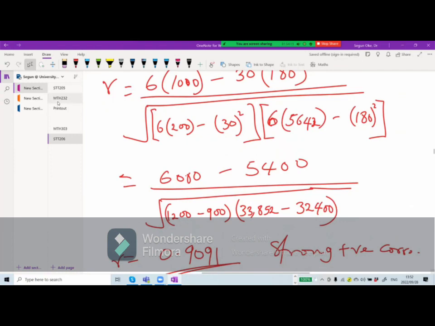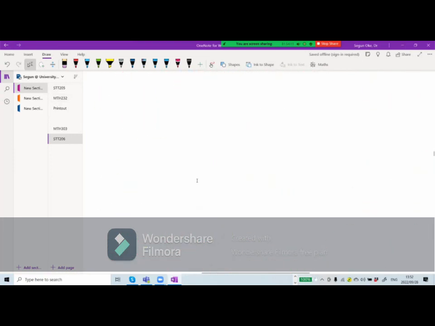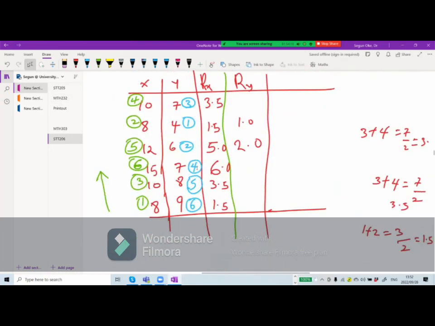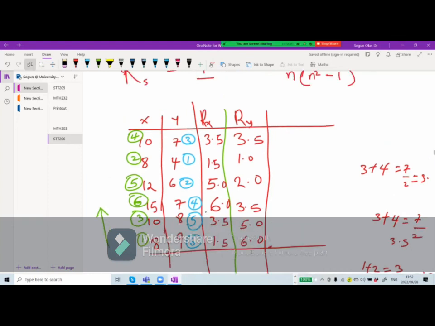So 3.5 again to 7. The next one is 5, the next one is 8, and the next is 6. Another one is 6.